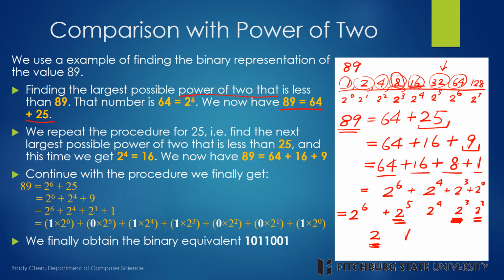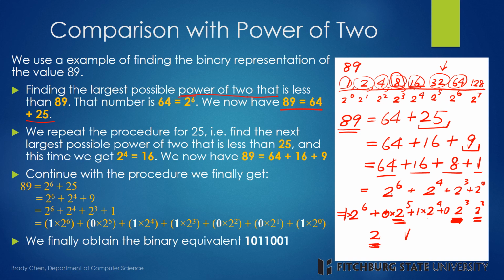So 2 to the 6, which is not missing, we can write as 1 times 2 to the 6. Now for the second term, 2 to the 5, which is missing, we can write as 0 times 2 to the 5, right? And then plus 1 times 2 to the 4, which is still there. And 2 to the 3 is also missing.